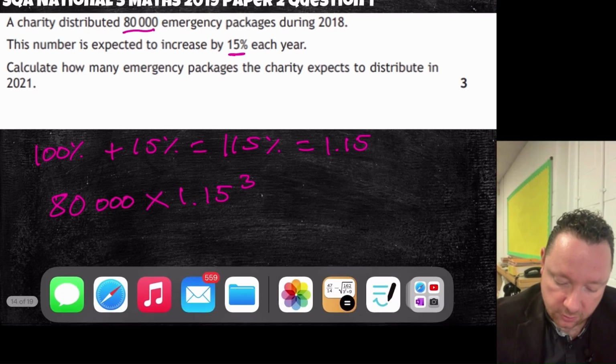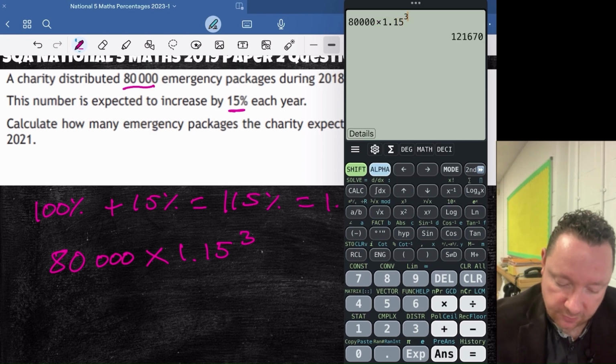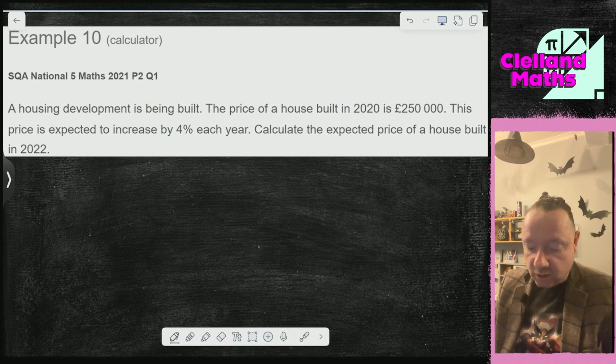Get a calculator, 80,000 times 1.15 to the power of 3, 121,670. And we're done there.